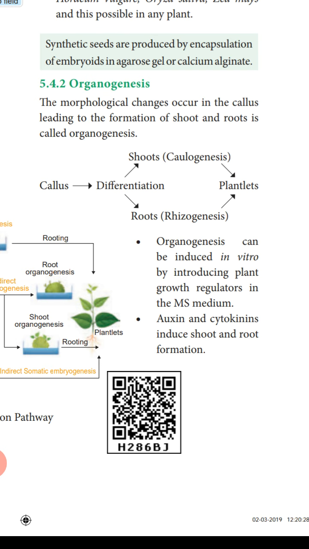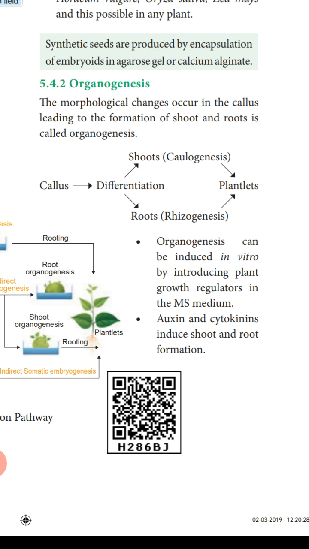The formation of the shoot from the callus is called callogenesis. Or if from the callus by differentiation the roots are developed, that is called rhizogenesis, the development of the roots. So when the shoot or the roots are developed, they will induce the development of the other part, and an entire plantlet is developed.